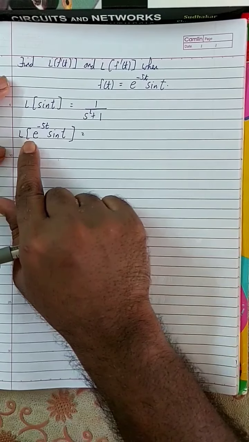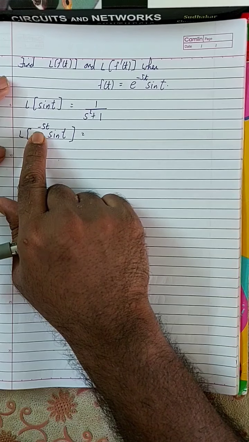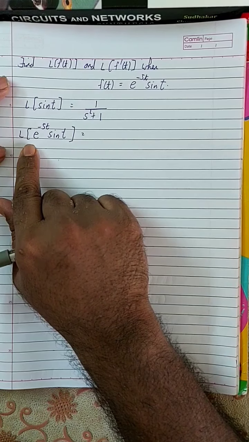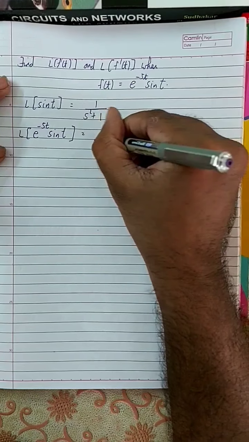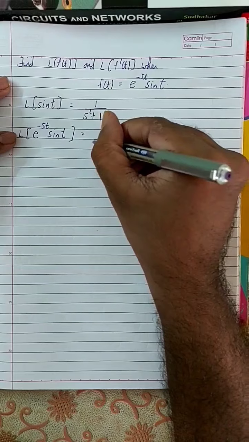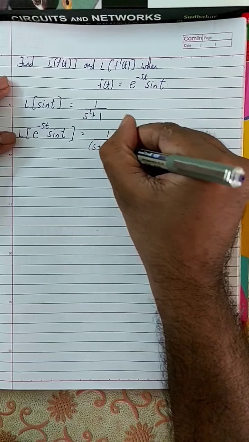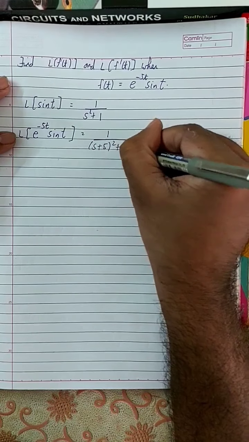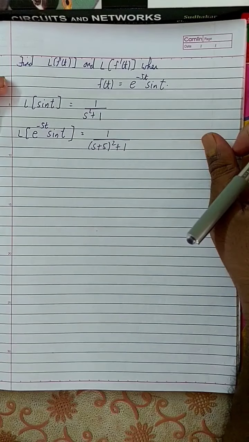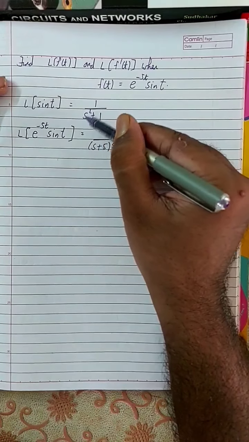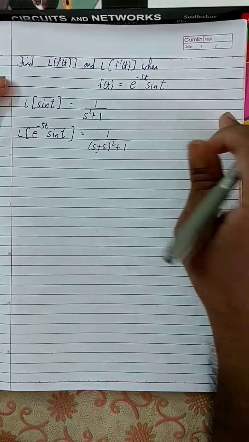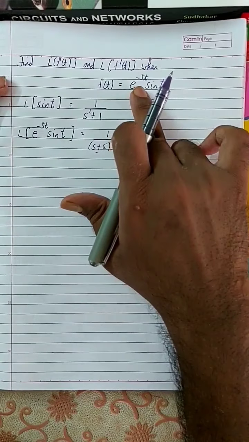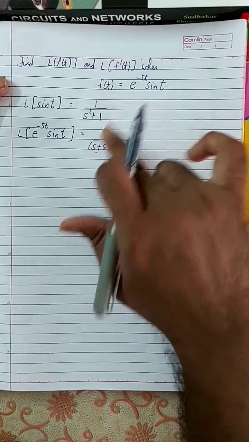Here the value of a is minus 5, so it becomes 1 by s plus 5 the whole square plus 1. According to frequency shifting, it's replacing s with its shifted version. That's all. Very easily I found the Laplace transform of this function f of t.